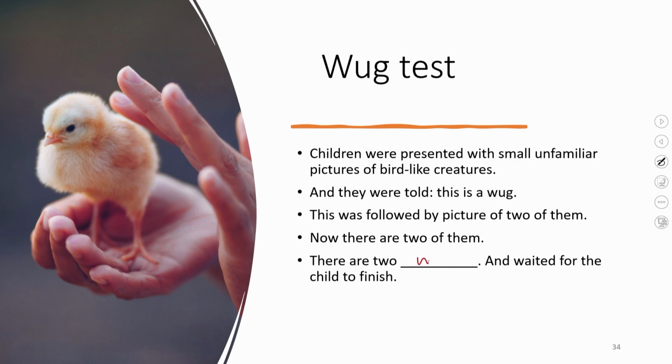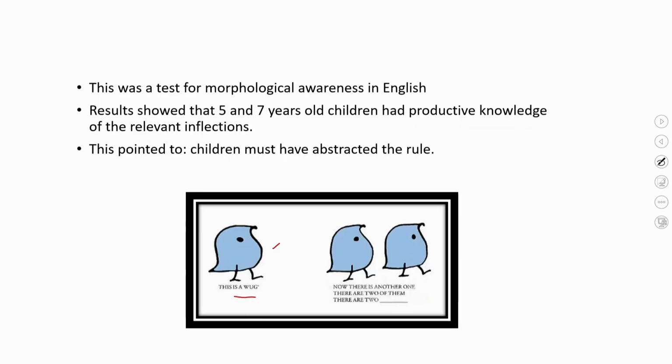Basically the child is expected to say there are 2 wugs. That is what they were looking for. So, this is how it went.